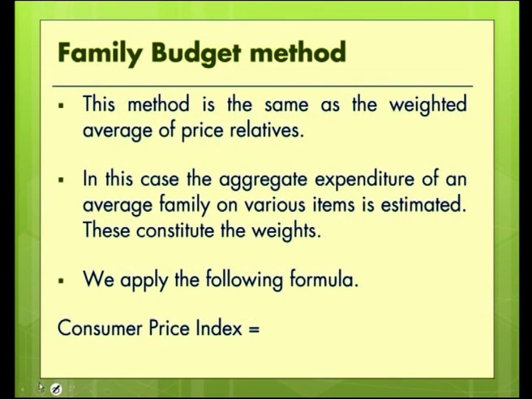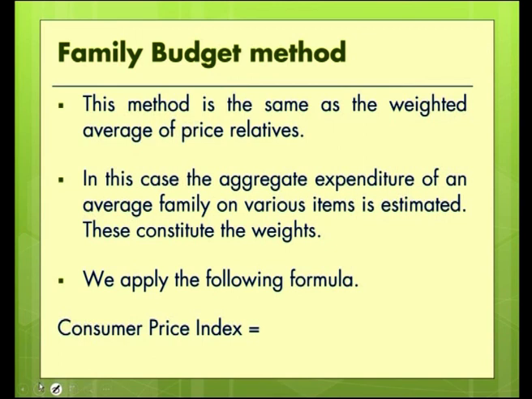Now, after studying about aggregate expenditure method, the next method is a family budget method for calculating consumer price index. This method is same as the weighted average of price relatives. In this case, the aggregate expenditure of an average family on various items is estimated. This constitutes the weights. We apply the following formula.